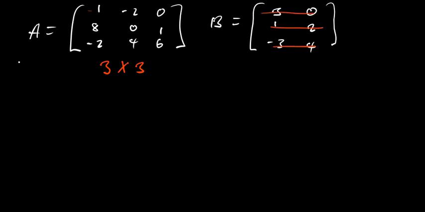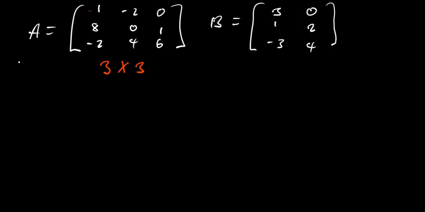Like I said, when you're multiplying these things, you discover that the column of matrix A should be equal to the rows of matrix B. Okay, so we have got 3 rows and 2 columns here, 1, 2.